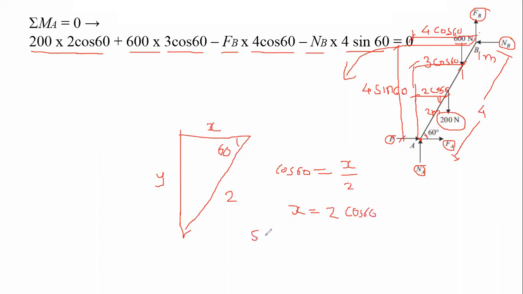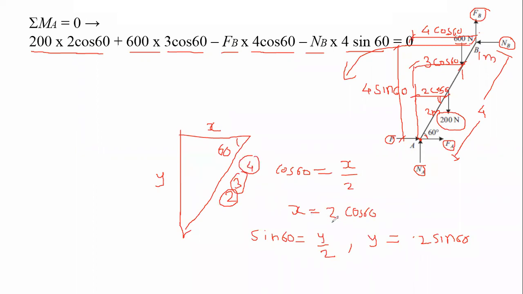Similarly, sin 60 is equal to opposite side upon hypotenuse, y upon 2, that's why y is equal to 2 sin 60. Here we have three distances, 2 meter, 3 meter, and 4 meter.